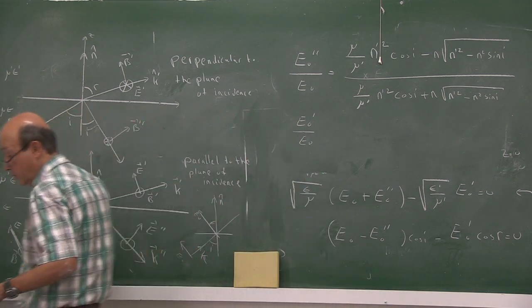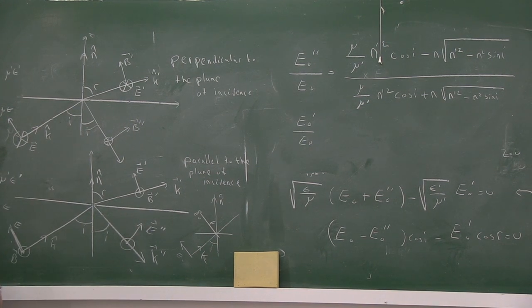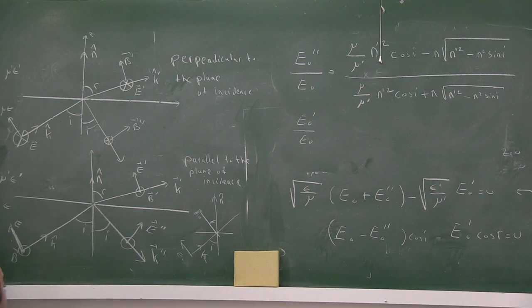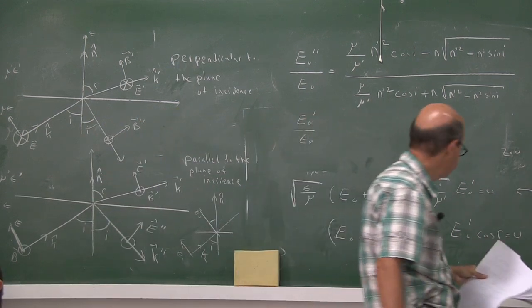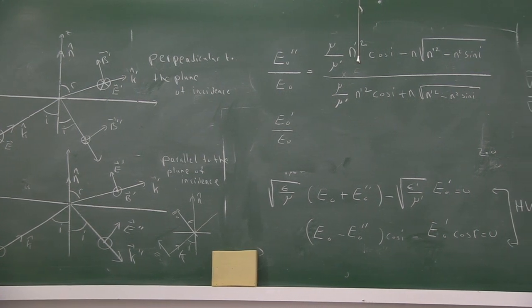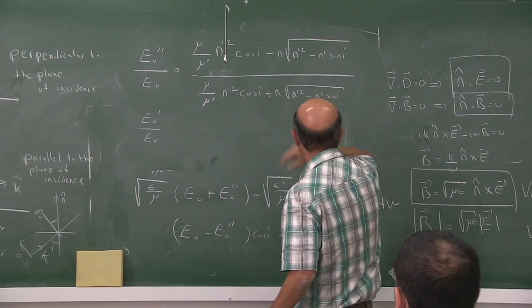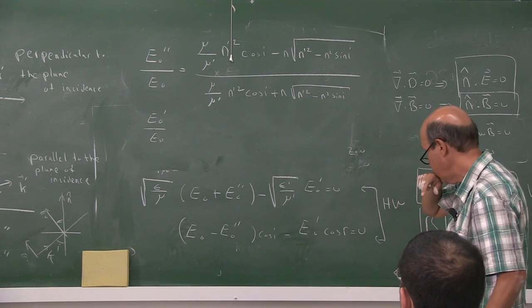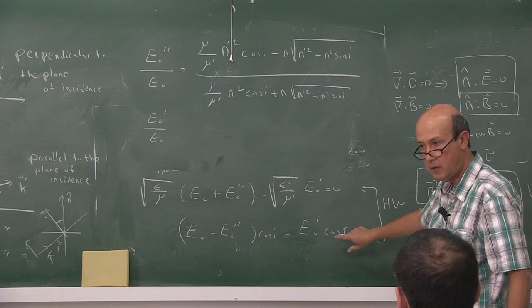So what I am going to tell you, maybe you will need, when you derive this, the following. First, you will need the following things. If you look at the result, you have cosine R and sine I. So for cosine R, you will use Snell's law.